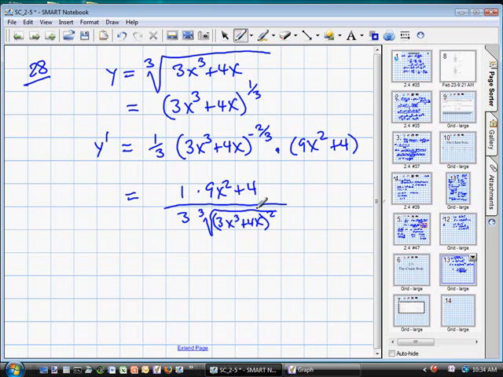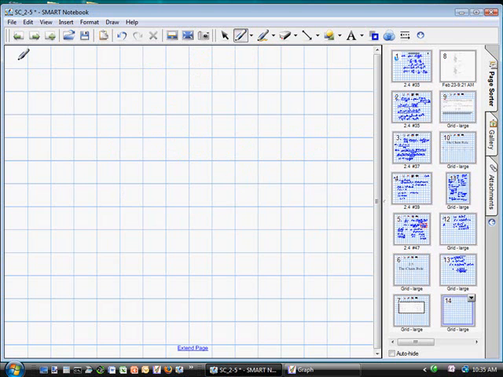Okay, let's do 34 next. f of x is equal to 4 minus 3x to the negative 5/2 power.